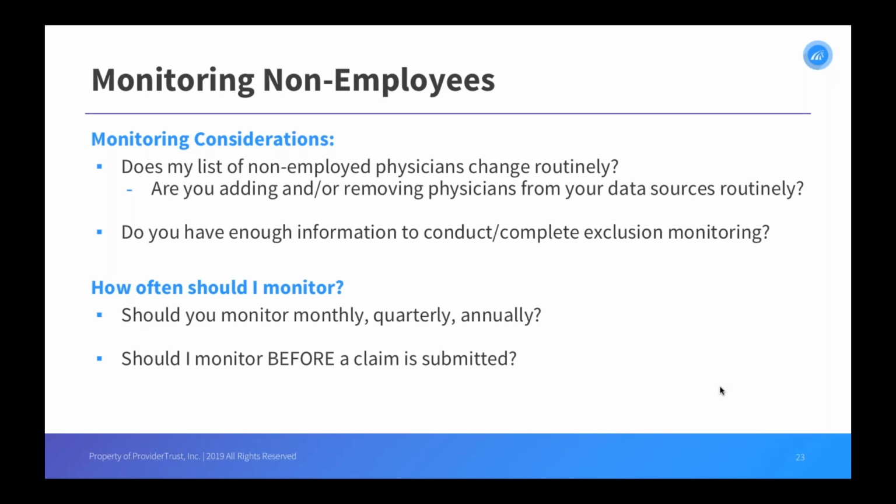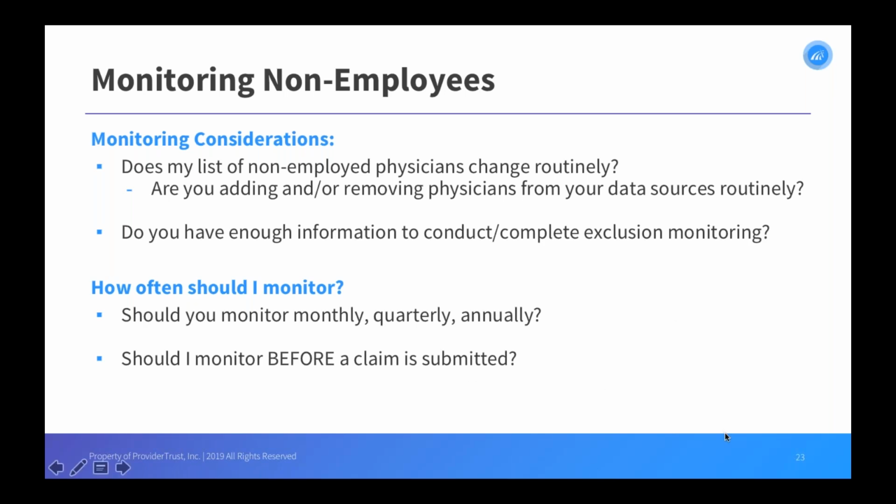But when you're asking yourself whether the list is changing frequently, you might say, well, my list doesn't change that often, so maybe quarterly is sufficient. Or annually. I've never done it in the past, so I'm going to try doing it one time a year, and let's just see what the results are. So really think about your risk tolerance in your organization and how readily accessible that information is for you to get as to how frequently you should monitor it.